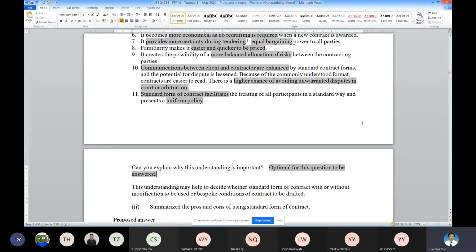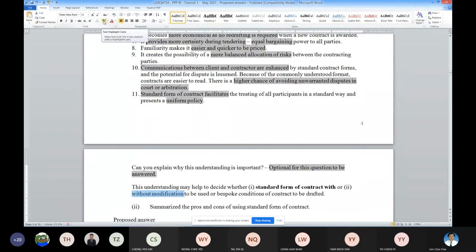Once you already understand the reasons for it, then you have better support to check and see whether you are going to use type 1, standard form with changes, with modification. This is type 1, with modification. Or without modification, that means type 2.